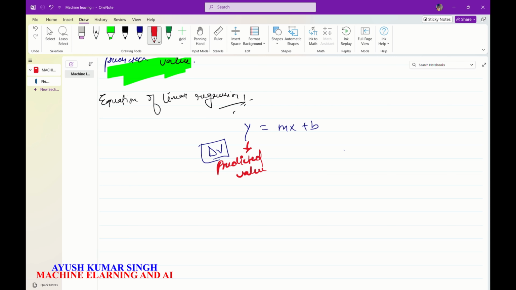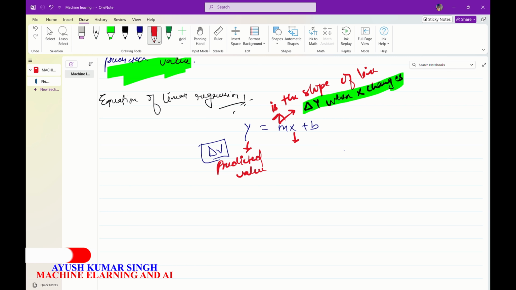Next, m is the slope of the line. That is also equal to the change in y when x changes. This is important.